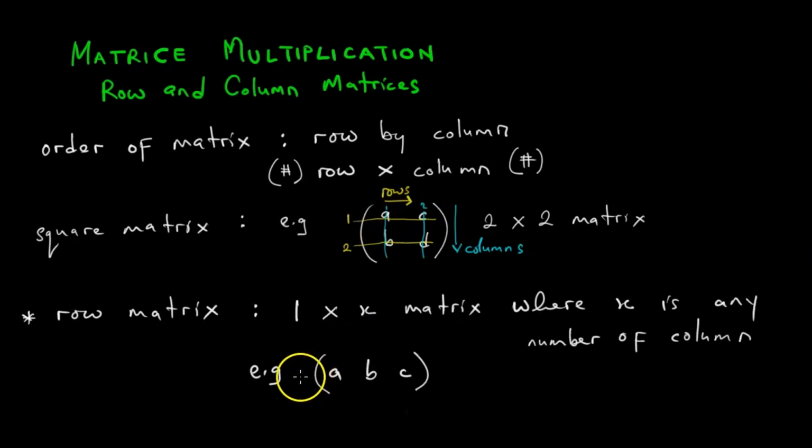Saka we only have 1 horizontal row. But how many columns do we have? Since columns are vertical, tine 1, 2, 3 columns. Saka ino E, this is a 1 by 3 matrix, as you can see. Saka since we have only 1 row, so this is a row matrix.